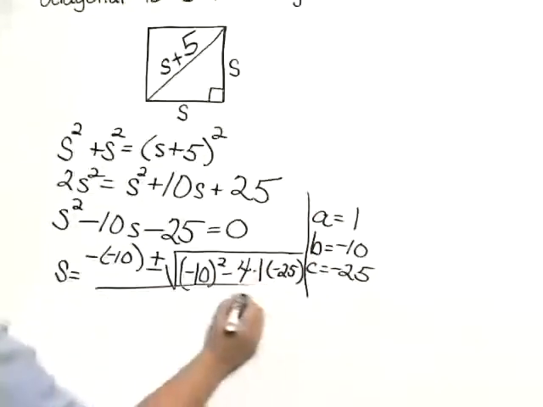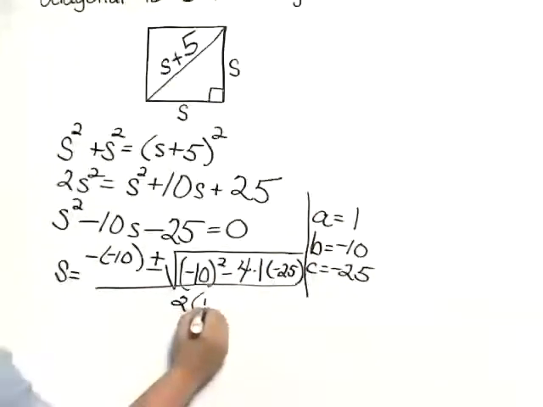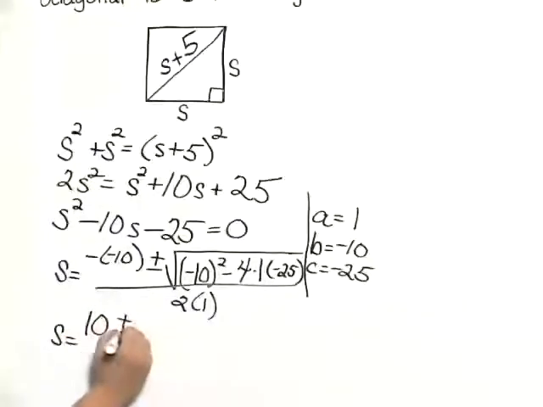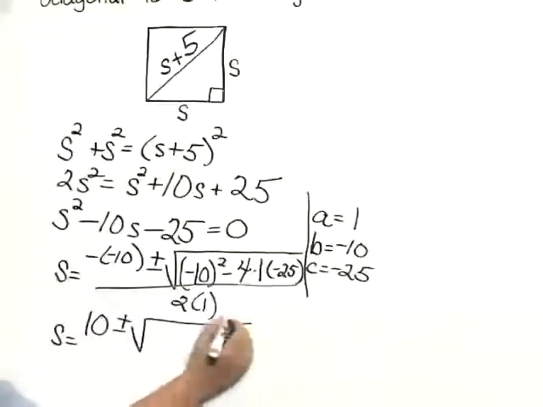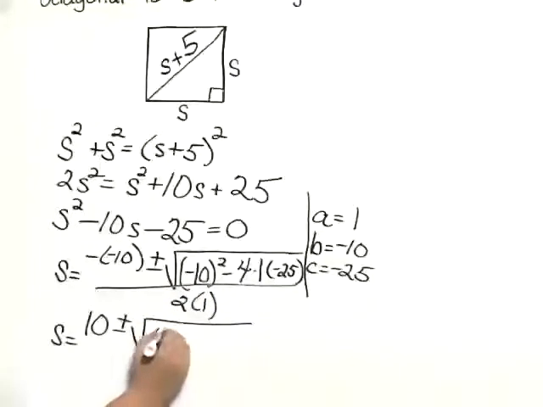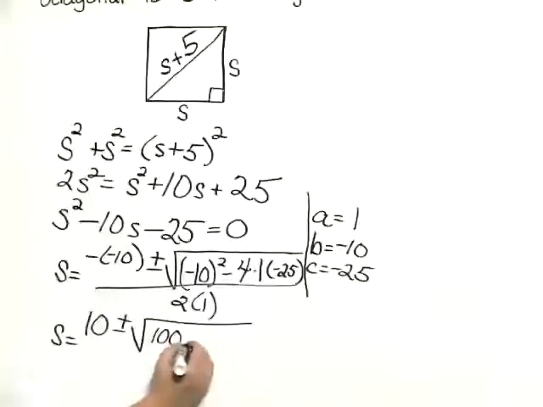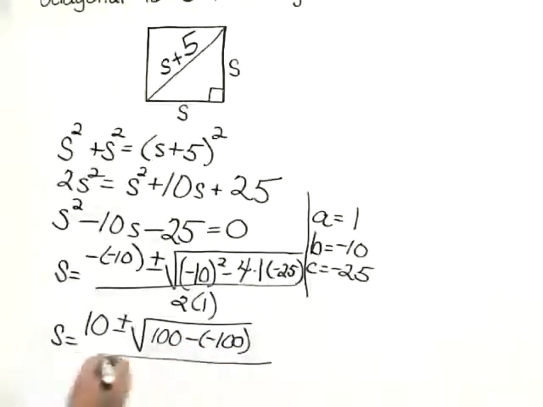And that's all over 2A, or 2 times 1. Simplifying, we have S equals the opposite of negative 10 is 10, plus or minus the square root of negative 10 squared is 100, minus 4 times 1 times negative 25 is negative 100. And that's all over 2.